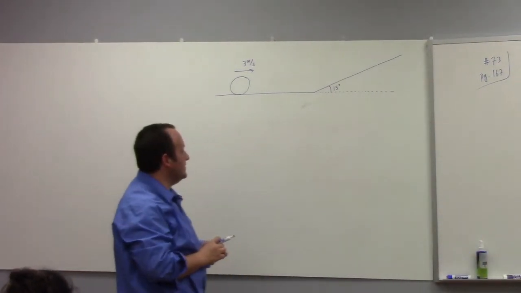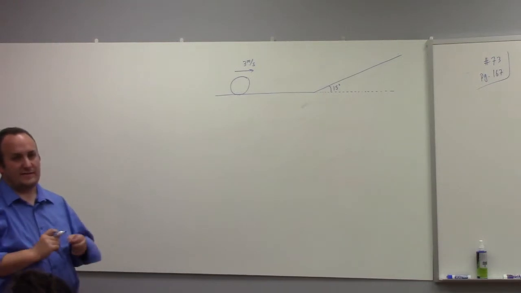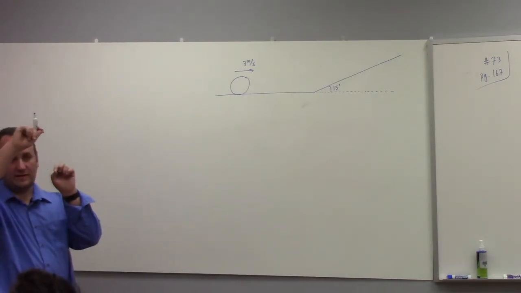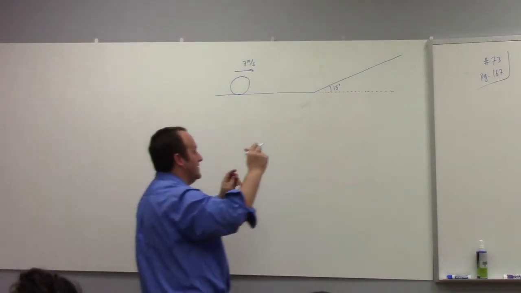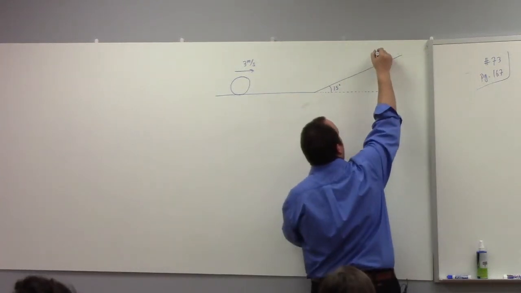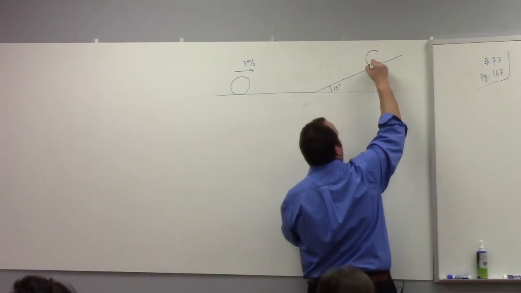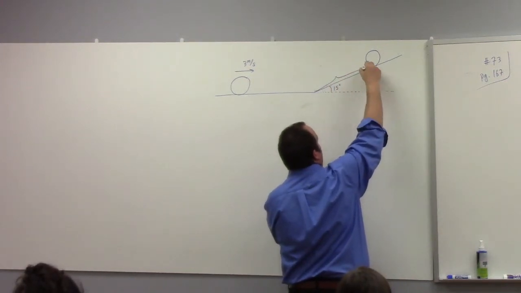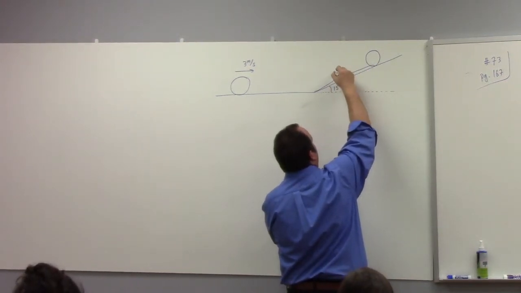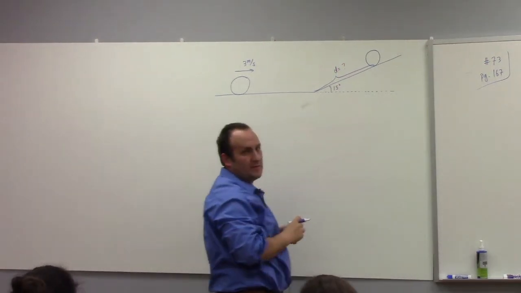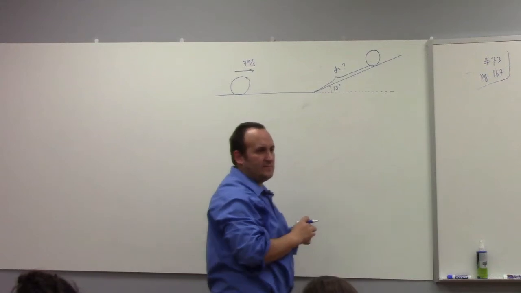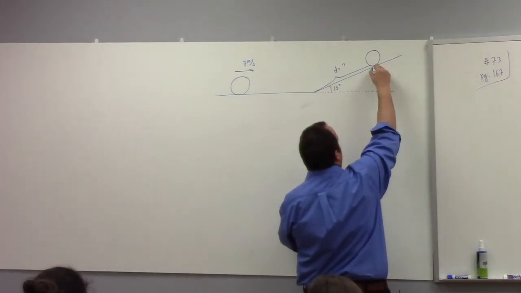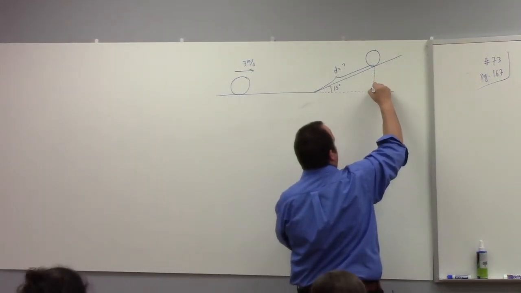Probably what the textbook means is the actual distance parallel to the incline. If you're not sure about what I mean by wording on the test, you should just ask me. But I think this is what they mean. I could see a student reasonably interpreting it to mean this distance as well.